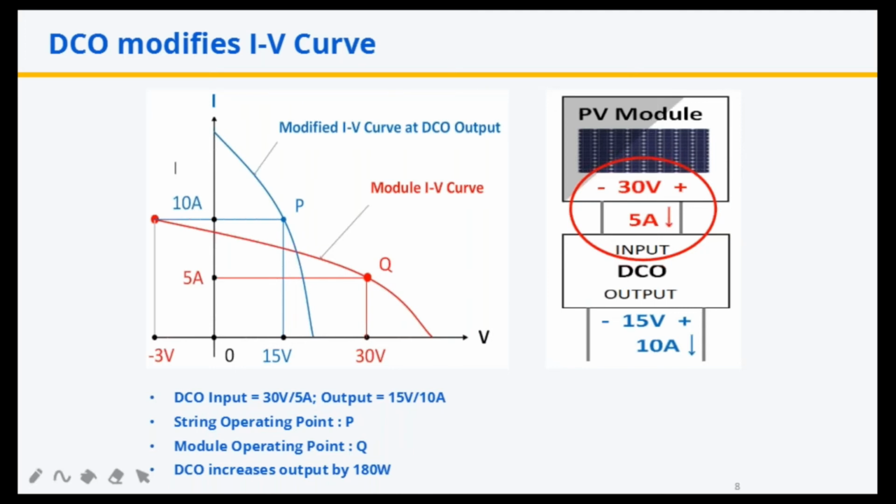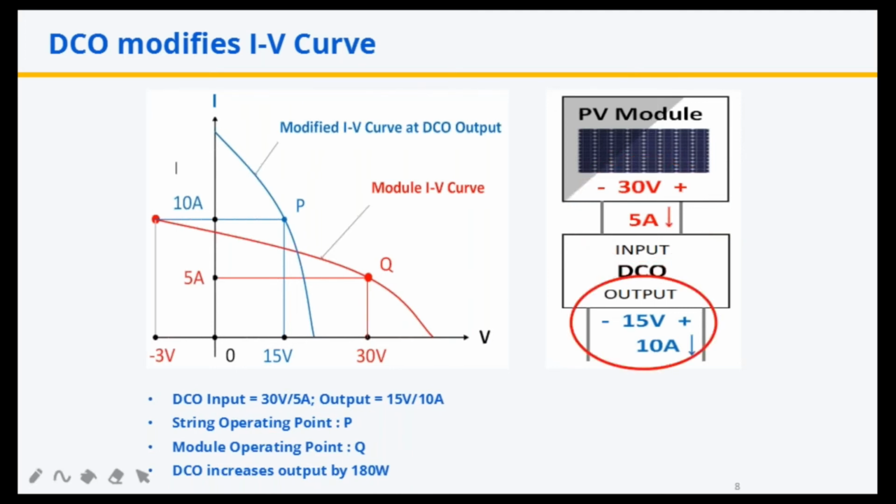The DCO can convert this to an output of 15 volts at a current of 10 amperes. Notice that the input power is 30 into 5, that is 150 watts, and the output power is also 15 into 10, which is 150 watts. An ideal DCO works at 100% efficiency, so its output power is always equal to the input power.